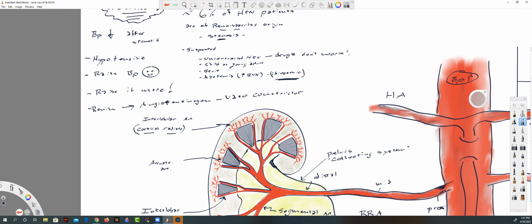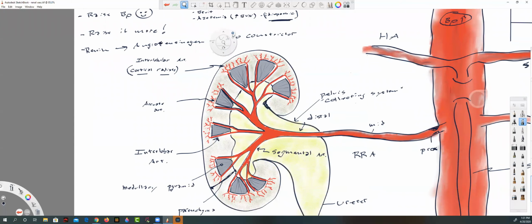And here's the funny thing: we can't just simply look at one artery or one segmental artery. We really need to take a sampling throughout the kidney, because this renin and angiotensinogen pathway is really quite powerful.